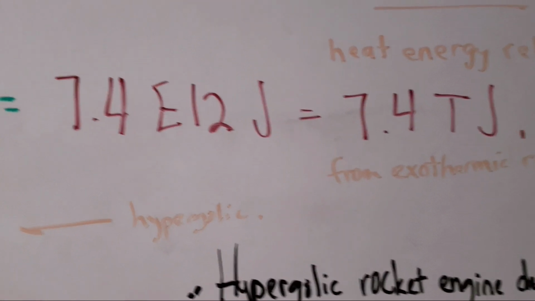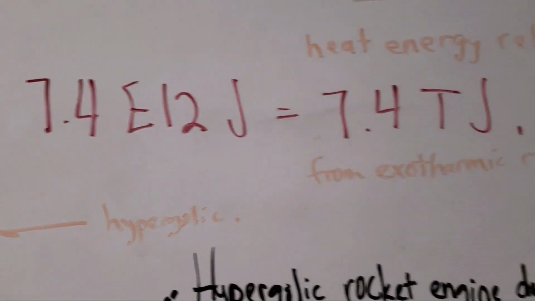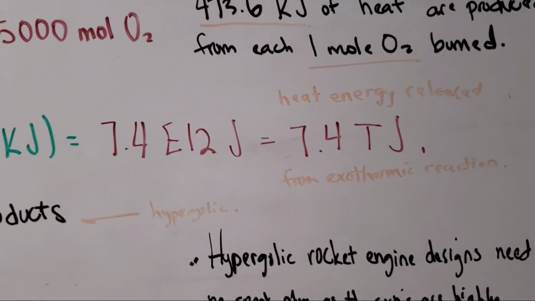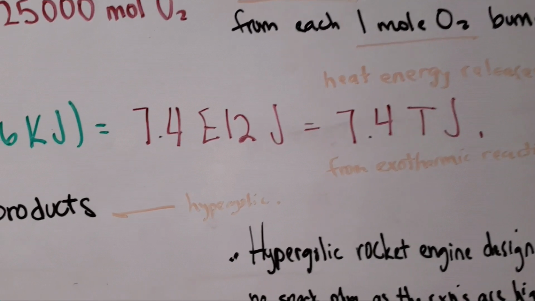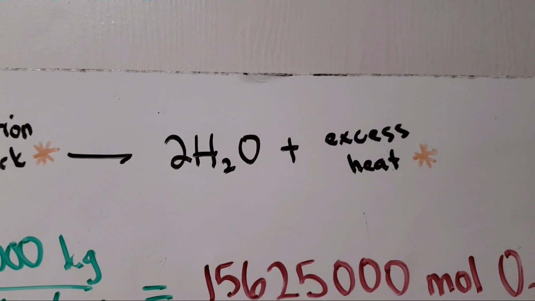This yields a whopping 7.4 terajoules of heat energy released from this exothermic reaction. So that reaction is what's known as a non-hypergolic reaction in rocket engine design. Basically what it means is that it needed an external heat source, which is otherwise known as the spark plug.